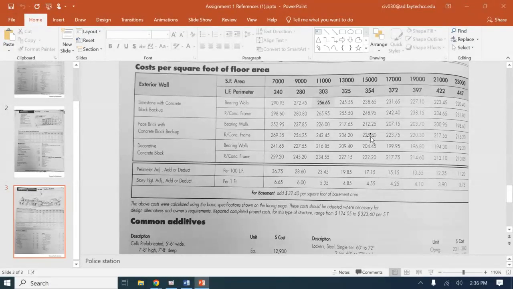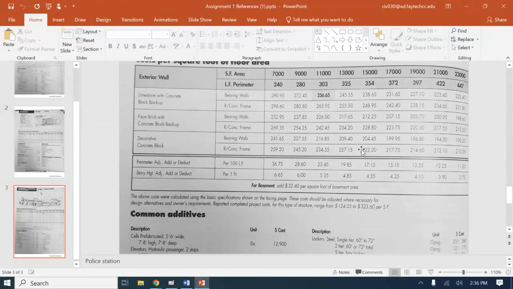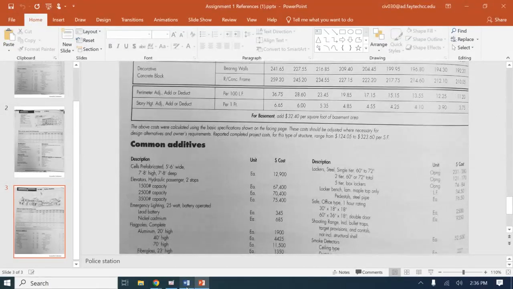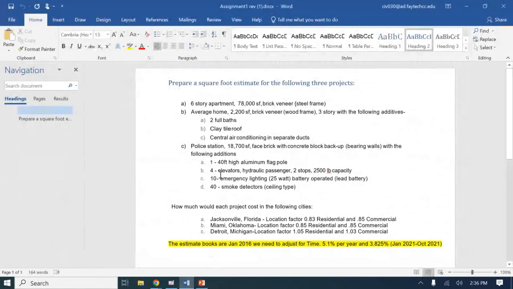Once you interpolate, and you get your price per square foot, you'll multiply that by your 18,700. And then it's going to ask you to add in a couple of additives: a 40-foot aluminum flagpole, 4 elevators, 10 emergency lighting, and 40 smoke detectors.